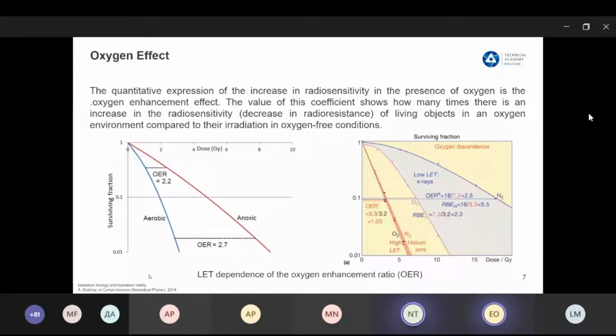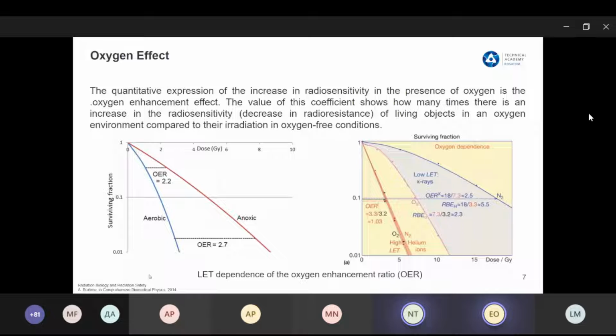The quantitative expression of the increase in radiosensitivity in the presence of oxygen is the oxygen enhancement ratio. The value of this coefficient shows how many times there is an increase in the radiosensitivity, a decrease in radioresistance, of a living object in an oxygen environment compared to irradiation in oxygen-free conditions.